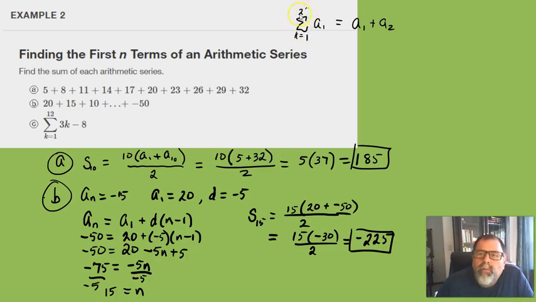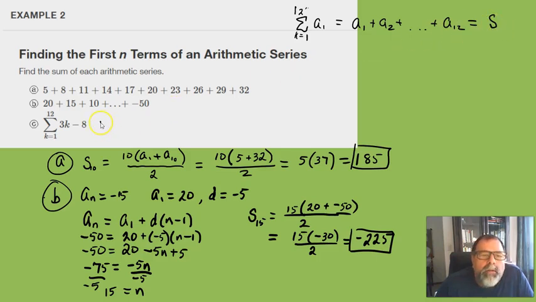So if we're going to 12, oh, n's still going to be 12. Okay, never mind. I was thinking about something different. Okay, so that'll be fine.